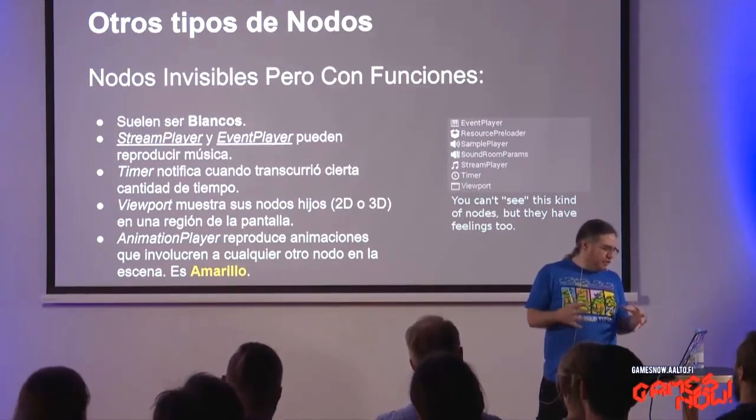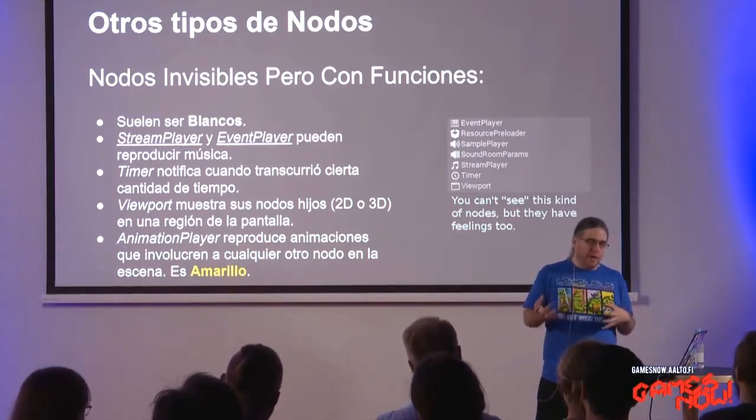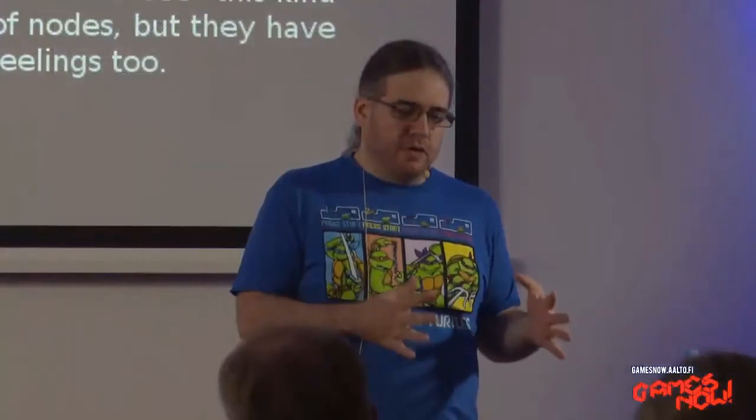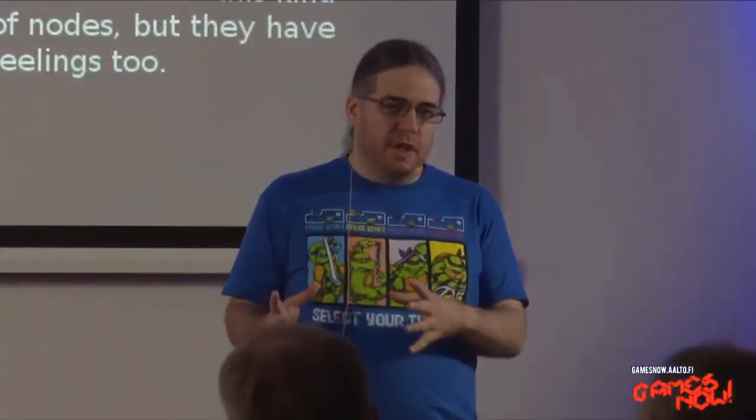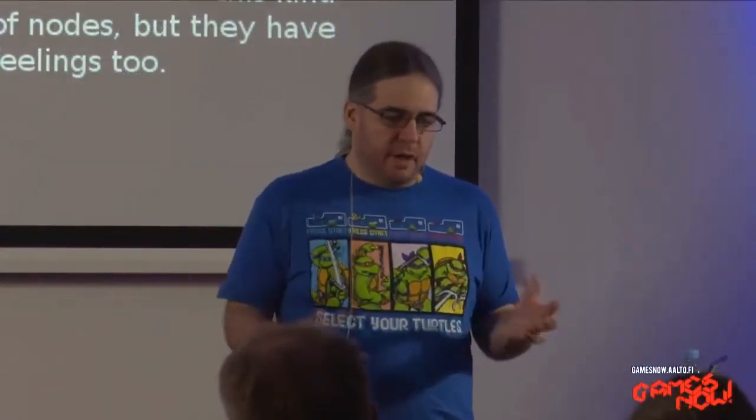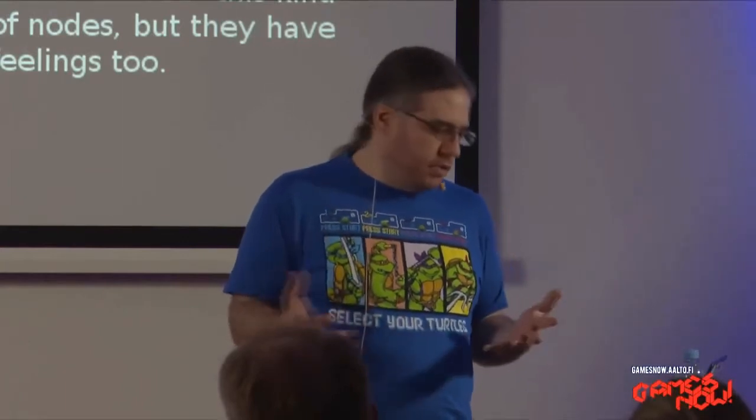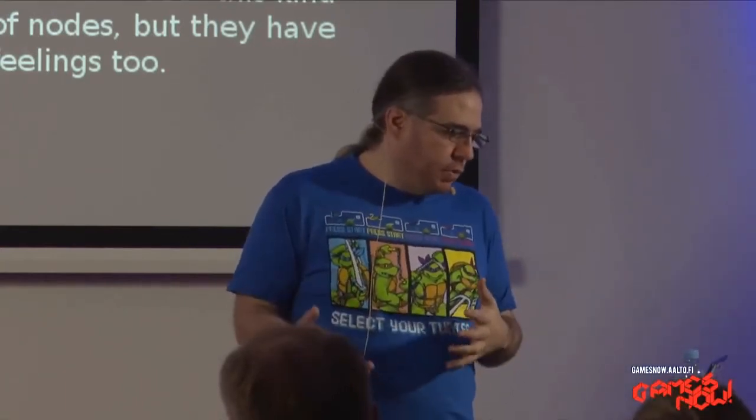But there's a bunch of nodes that are generic types of node that don't have a position in the 2D or 3D space, and they do things for us in general. For example, animation nodes.